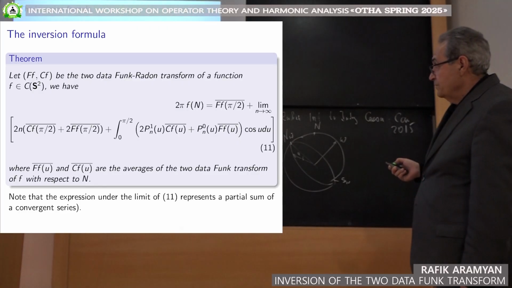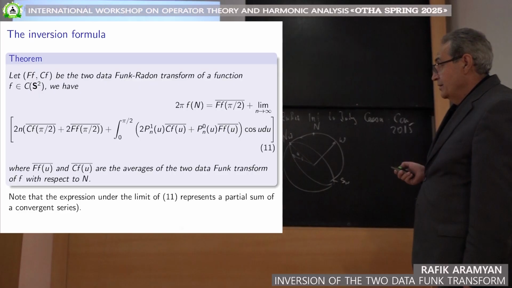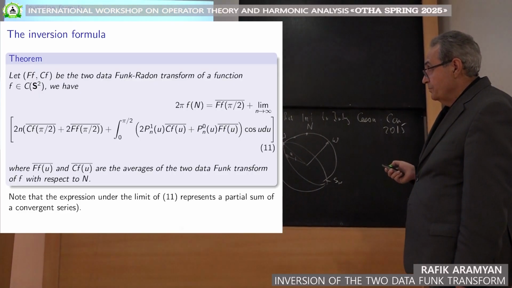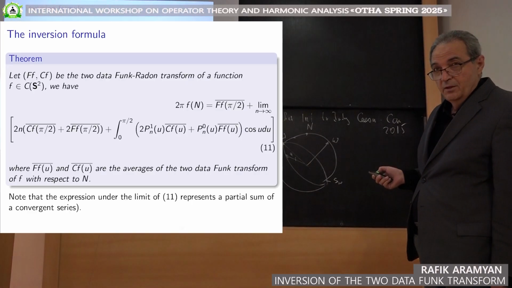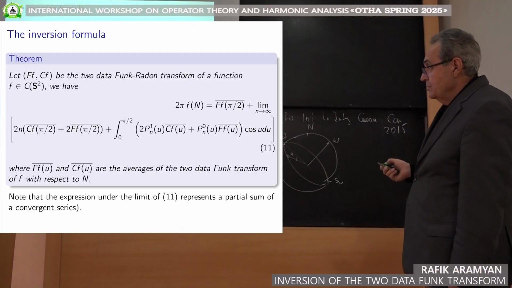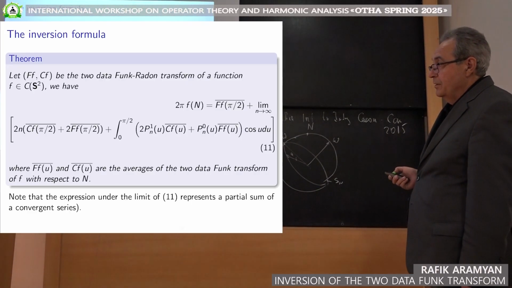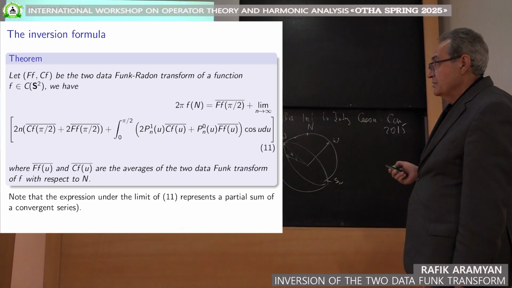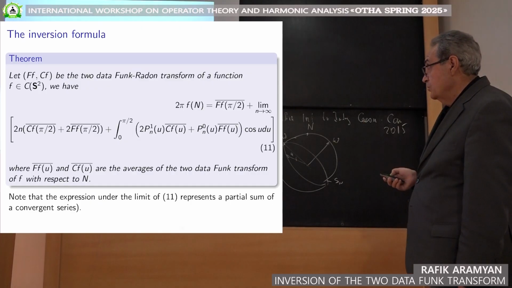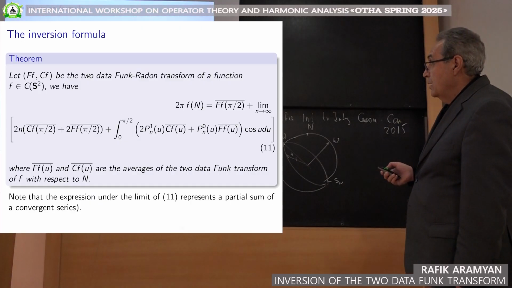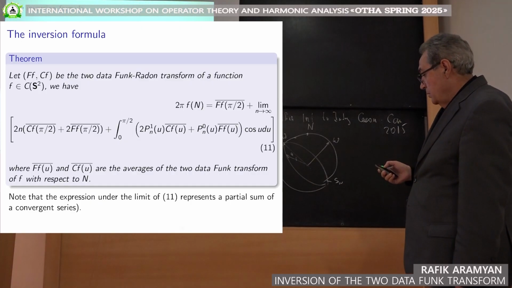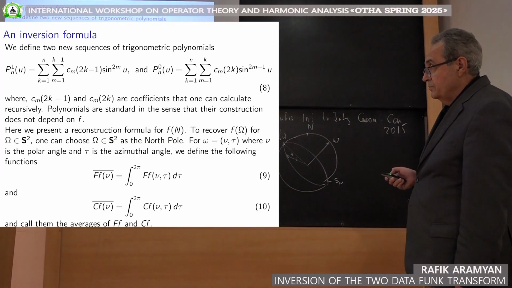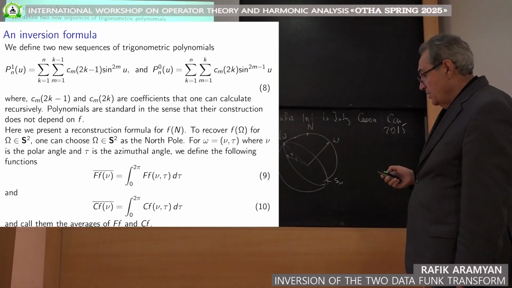In the case when f is an odd function, the transform is 0, so we obtain a reconstruction formula for the odd function. So in the general case we have this formula, an iterative reconstruction formula to reconstruct the value of f at the North Pole. To recover f for another direction, one can just choose omega as the North Pole.